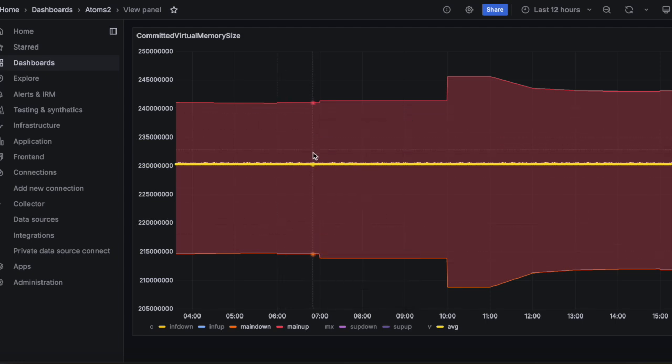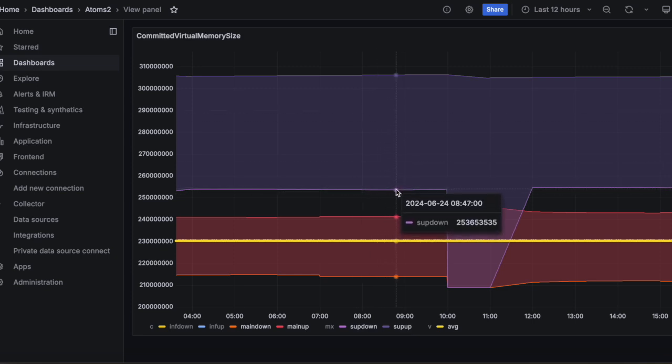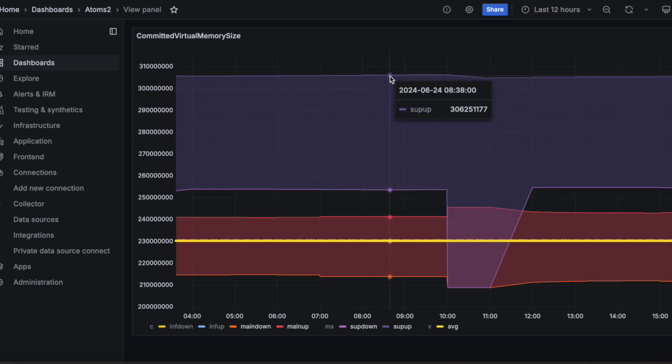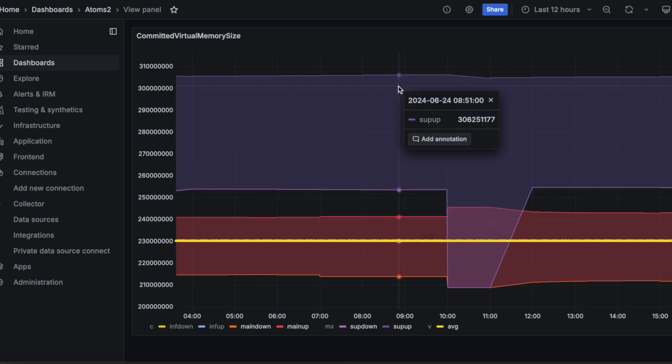So lower limit and upper limit of the main baseline, and here is all the baseline, all the area that is considered normal behavior. And as I said before, we have in this case also a secondary baseline, a superior baseline, and also in this case we have a lower limit that is this up down, and an upper limit, and the secondary baseline is whatever is contained between this lower limit and its upper limit.